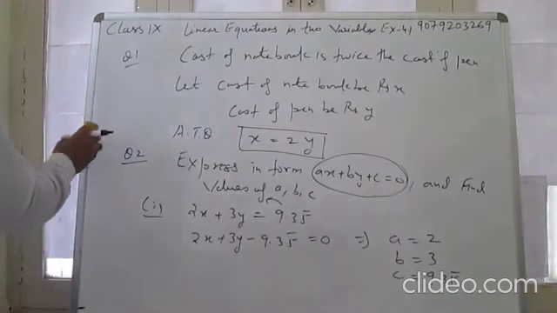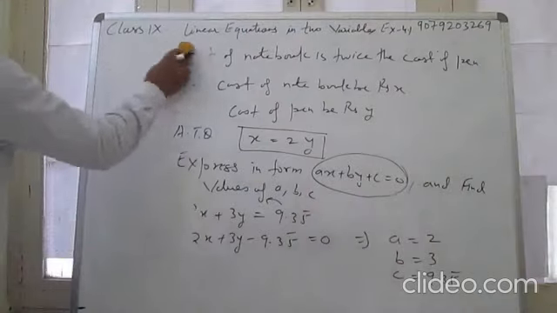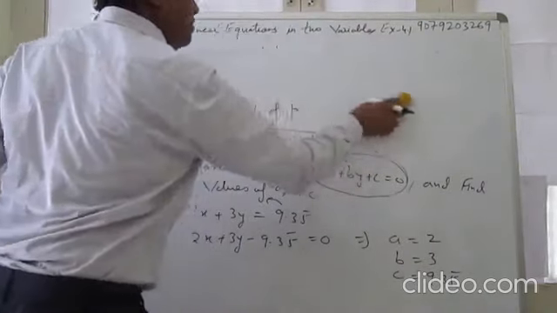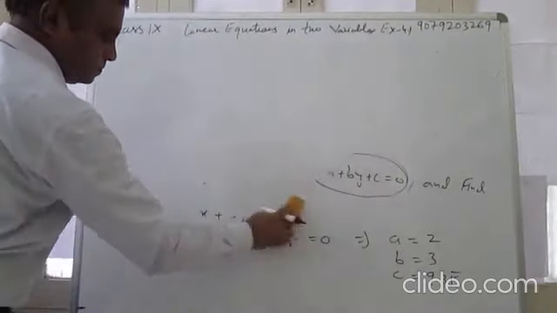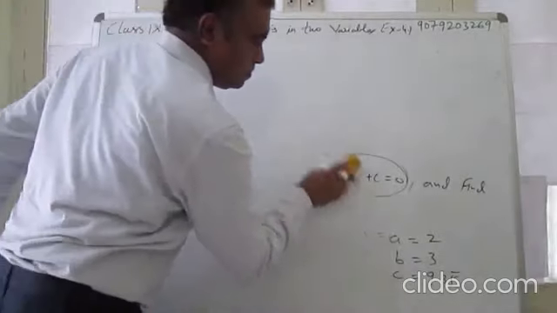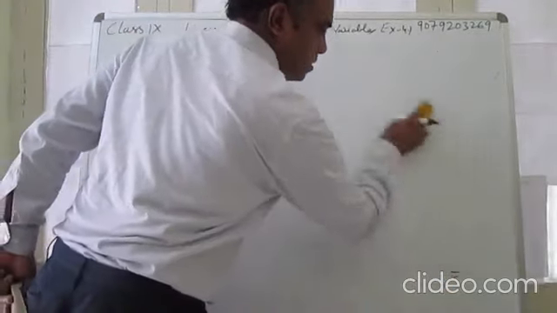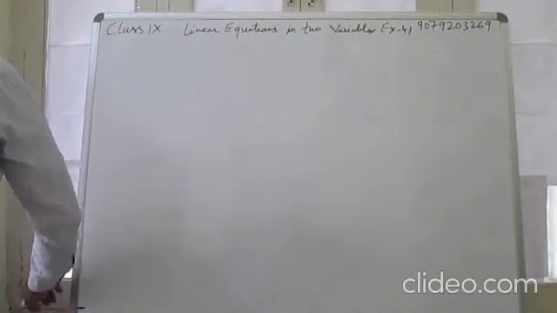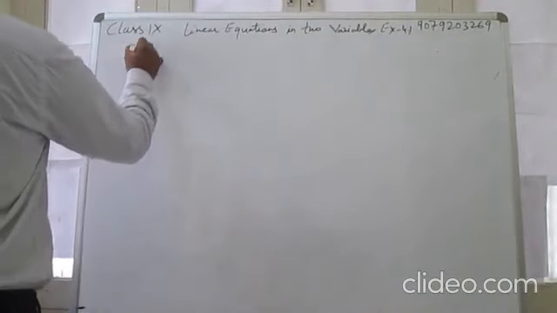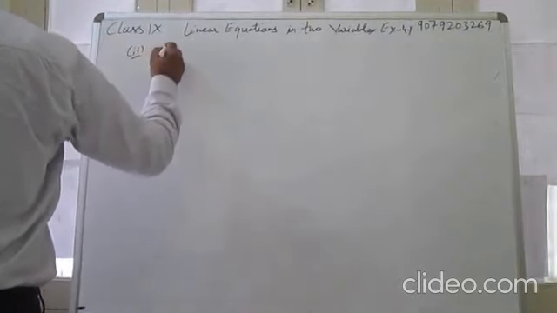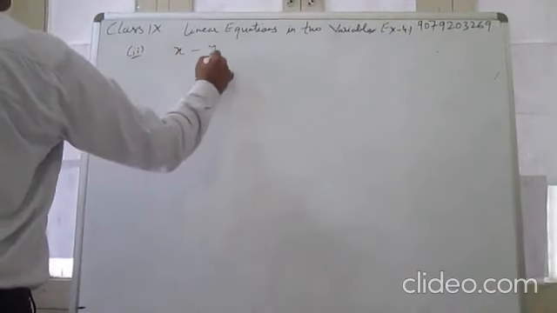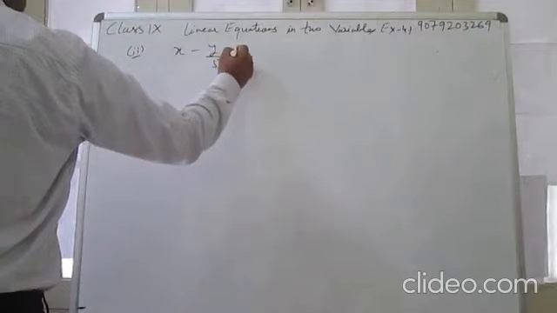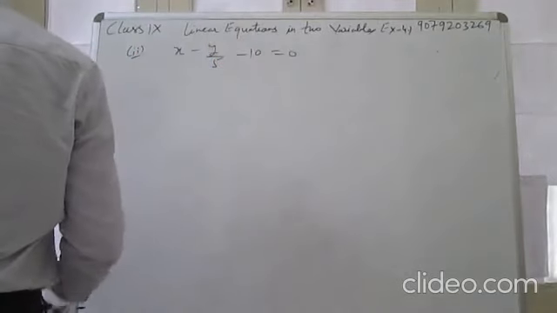Now I take another question of this type. Second part: x minus y upon 5 minus 10 is equal to 0.